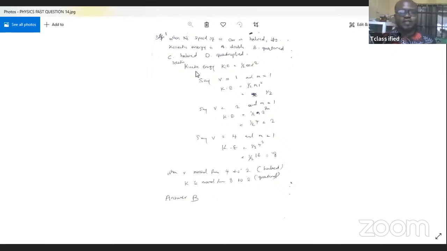Here V is showing us the speed. So we're going to assume values for V and see the relationship. So we have KE equal to half mv squared. Let's say that V is equal to 1.